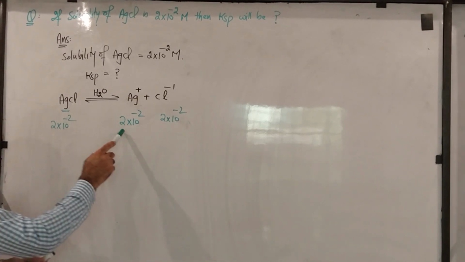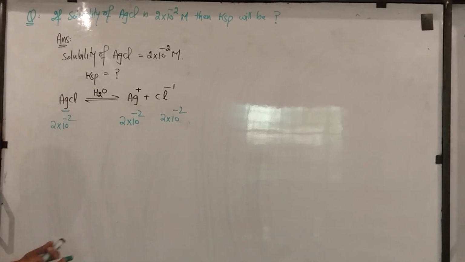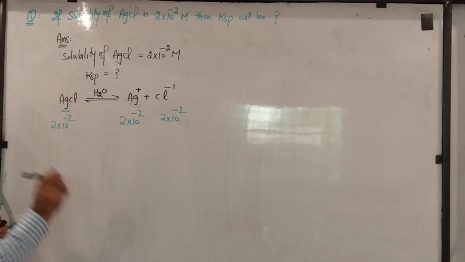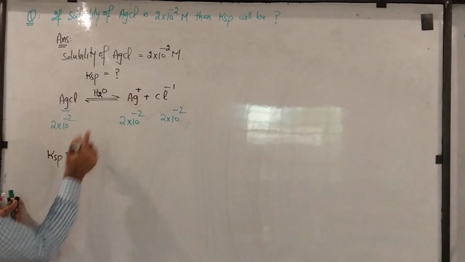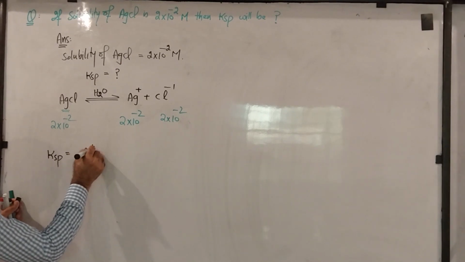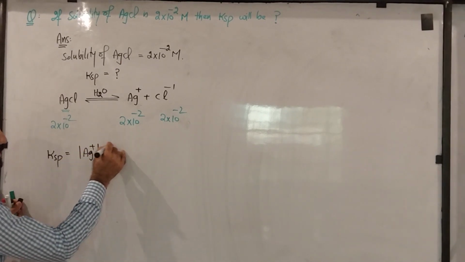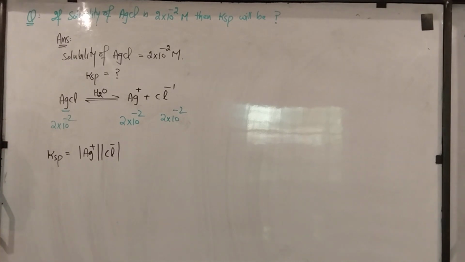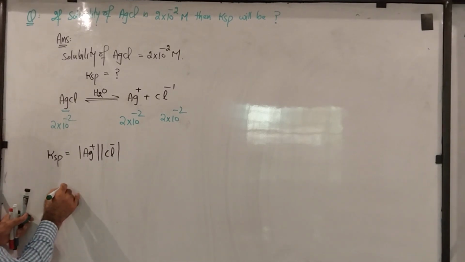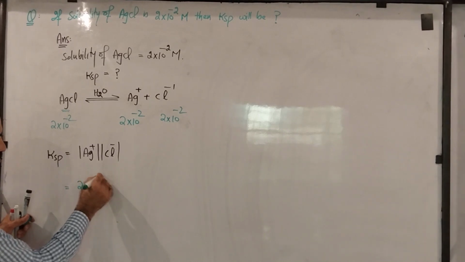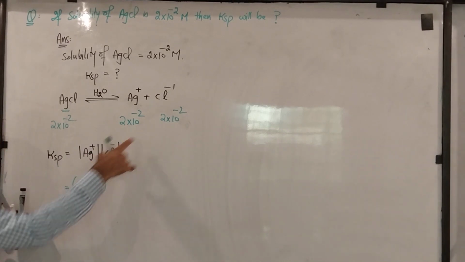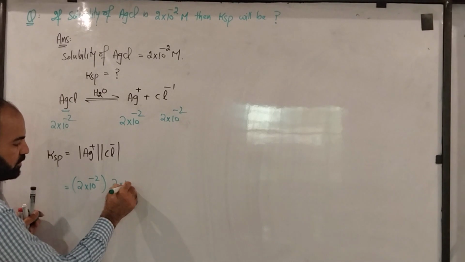Once you find the concentration of ions here, after that you have to write the KSP expression, which is equal to silver ion concentration multiplied by chloride ion concentration. So अब आप क्या कर लोगे? आप इसमें वैल्यूज पुट कर लोगे. तो लो, सिल्वर आयन कंसंट्रेशन है 2 10 raised to power minus 2, and क्लोराइड आयन की कंसंट्रेशन है 2 10 raised to power minus 2.